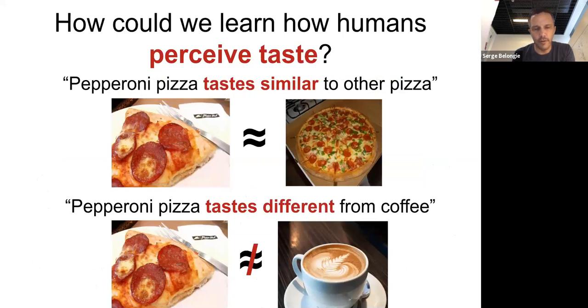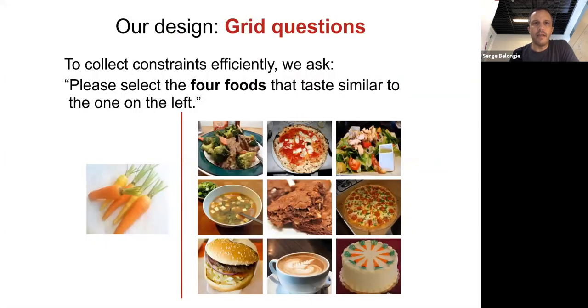So instead of going with a Likert scale approach, we make use of this triplet-based method, which makes use of comparisons. In this case, you need to have at minimum 3 images in order to do a meaningful comparison. And to make it more efficient, we make use of something called grid questions.